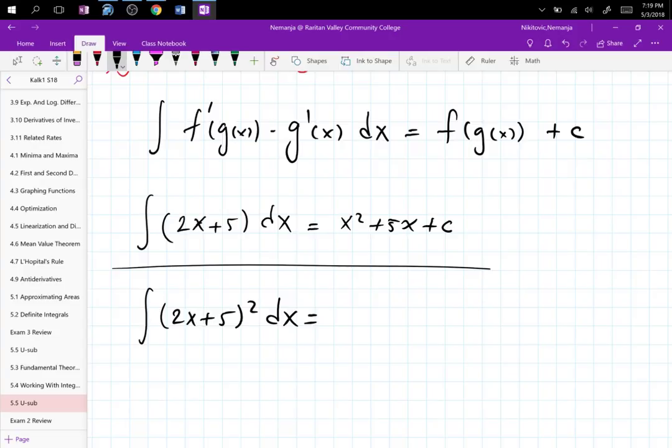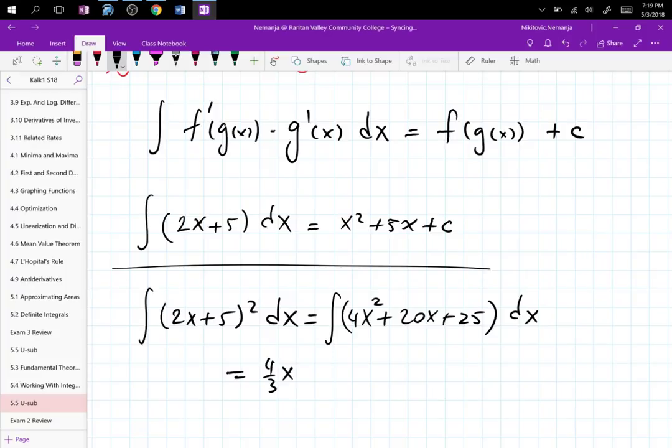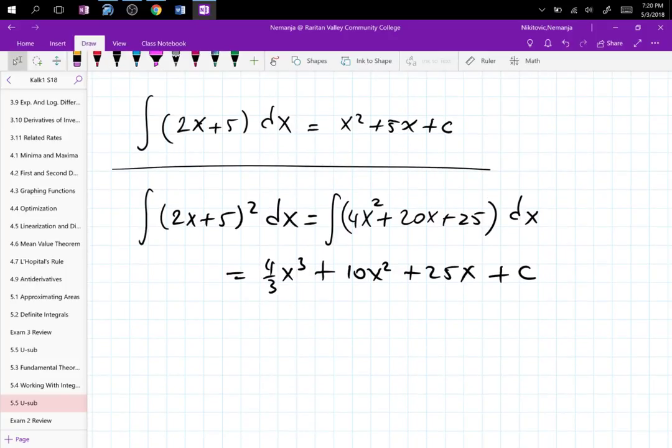Well, you should know that you can actually FOIL this and get 4x squared plus 20x plus 25. And then if you integrate each one term-wise, you will get 4/3 x cubed plus 10x squared plus 25x plus c. So you can still work this out, right, if you have a square on top.